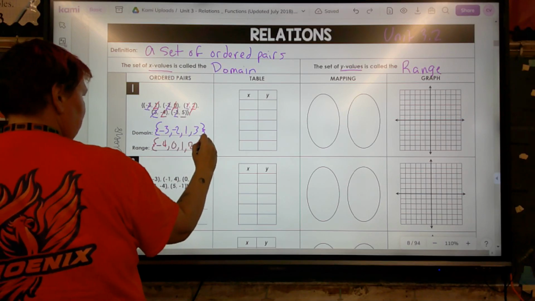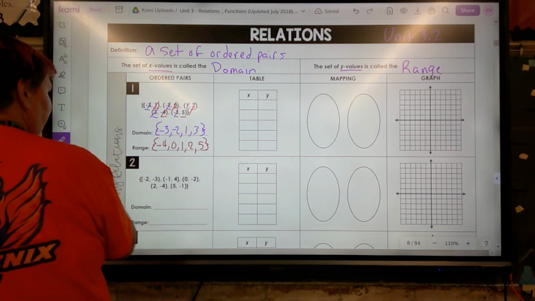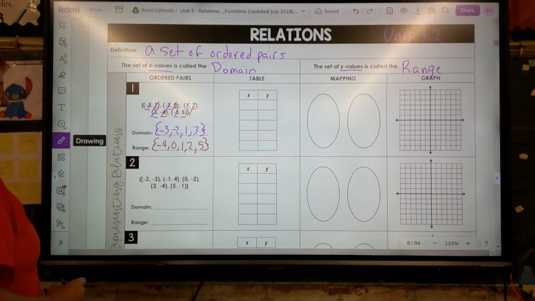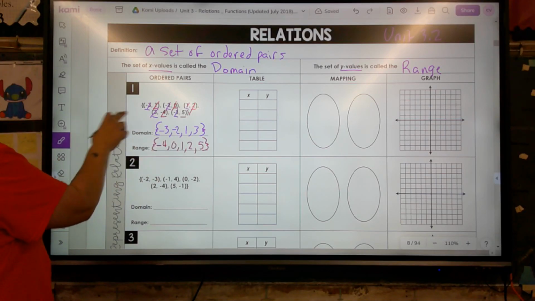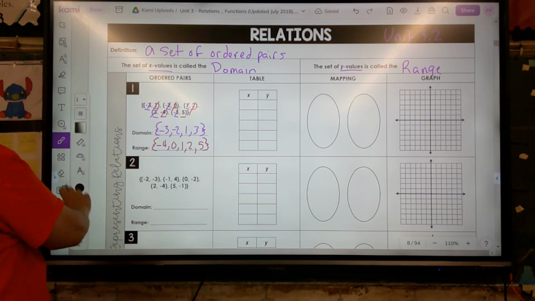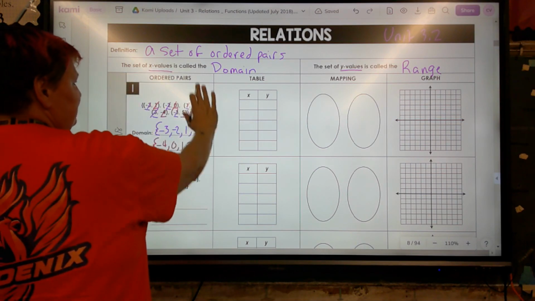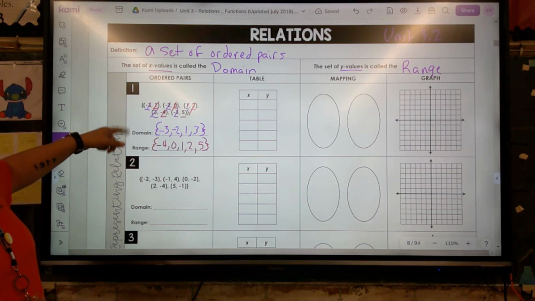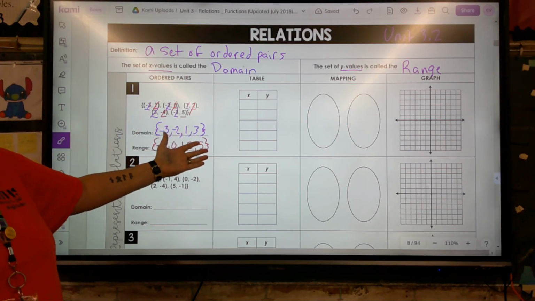That's ugly too. I'll fix it. Better. Alright? Domain, range, x values, y values. Now, this is what you do if they want just a list of the domain and range. You just list them.